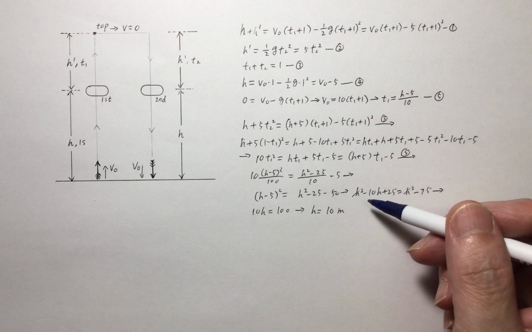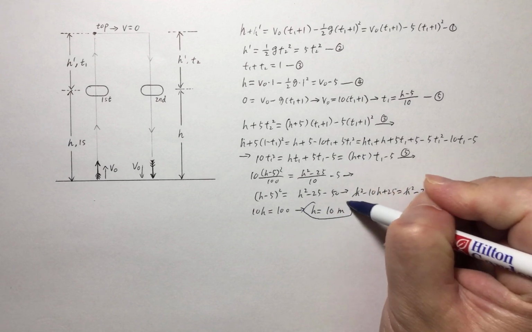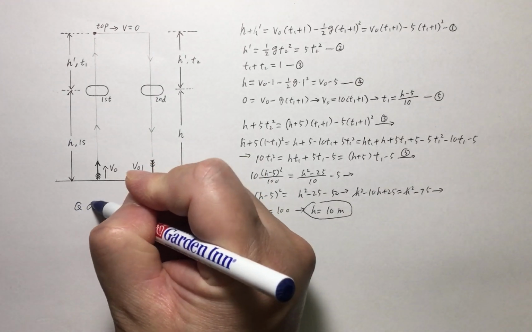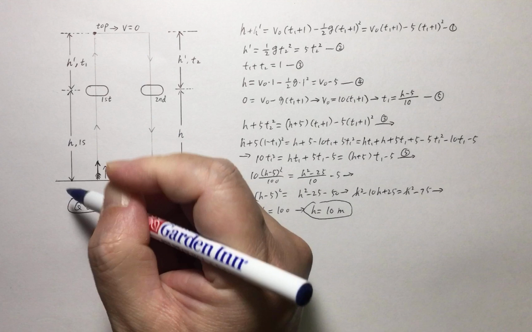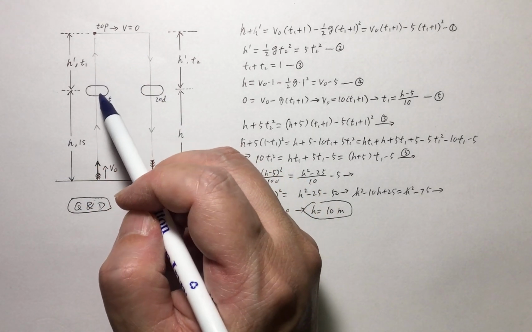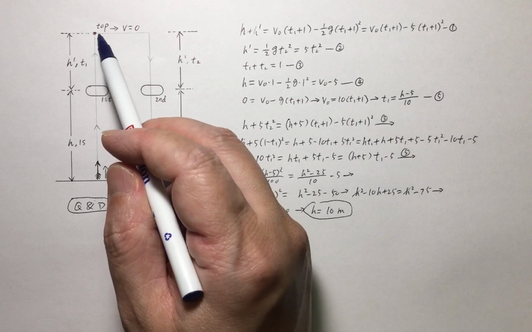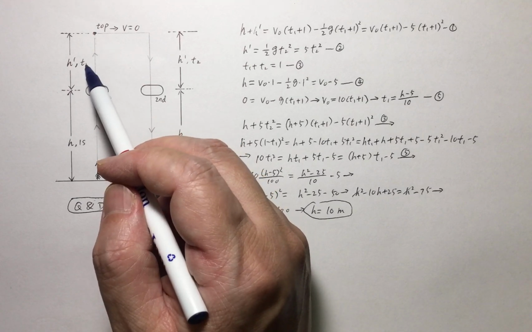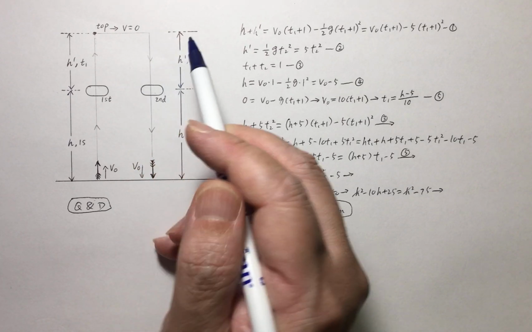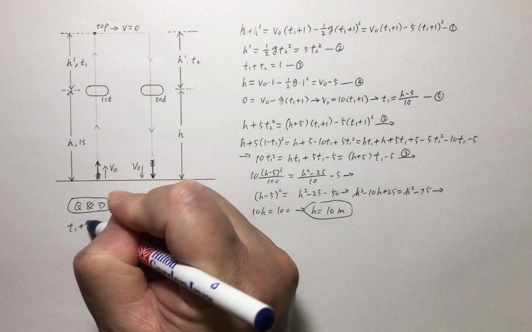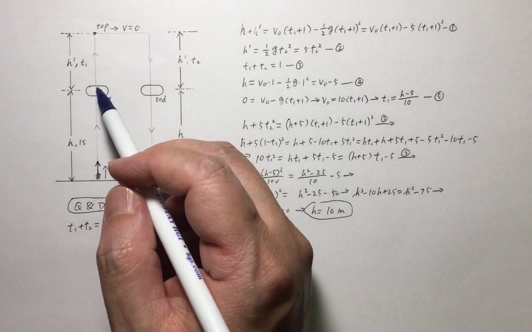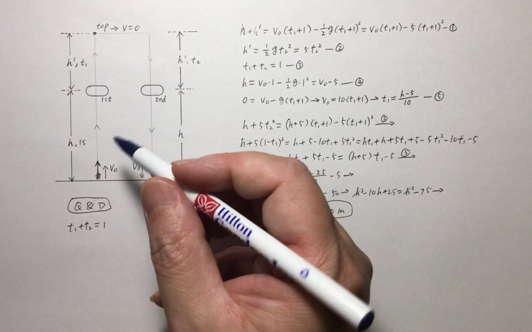Now this is pretty complex, so we have a quick and dirty method. We know that when it goes through the first loop and then reaches the top, it takes t1, and then it drops and goes through the second loop, it takes t2. We know that t1 plus t2 is 1 second. So we make a bold guess here: t1 is equal to t2.